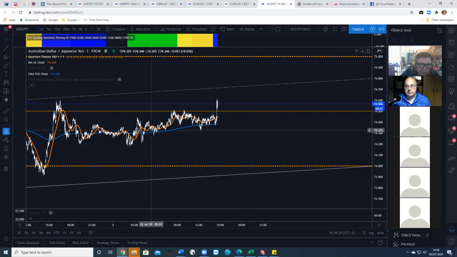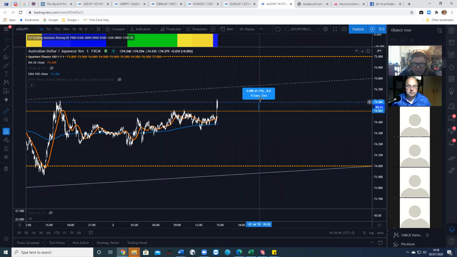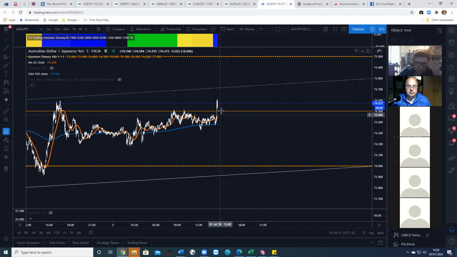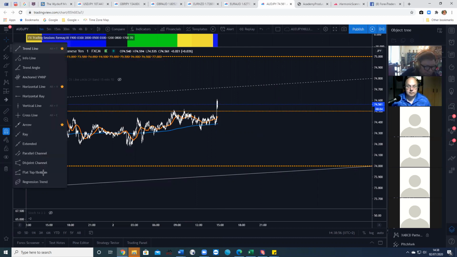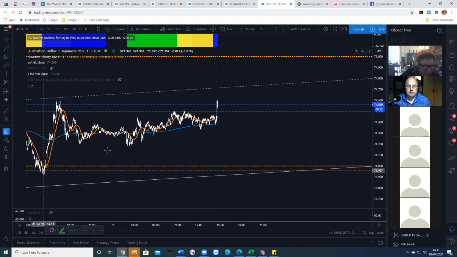So we've got the orange has crossed above, that's telling us buy. It's above the quarter theory, that's telling us buy. And that's 10 pips. So it's coming back down. To do the break and retest of quarter theory, you've got an upward trend. If you anchor it, say, down there, let's see what that looks like.